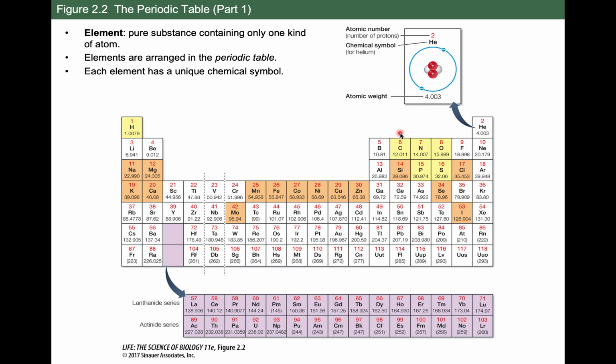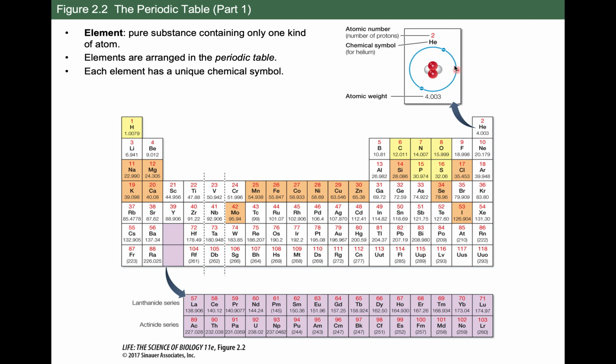And what does that mean? How would you get different types of atoms? Different types of atoms are going to have different numbers of subatomic particles. You can see in the little blow up here, helium, whose atomic number is 2, and that atomic number represents how many protons are found in the nucleus of that atom.